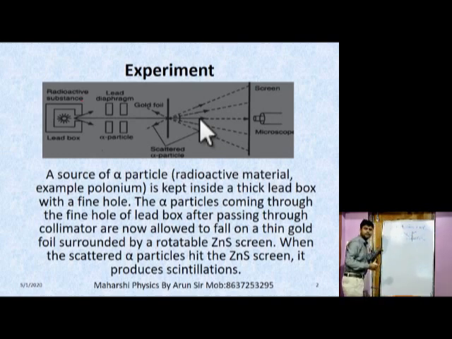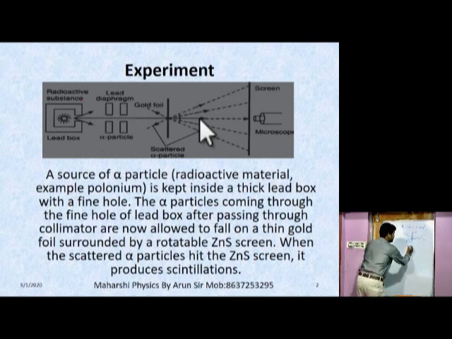And a very few alpha particles, 1 out of 8,000, returned back. That is back scattered, that is theta is equal to 180 degree. Clear?